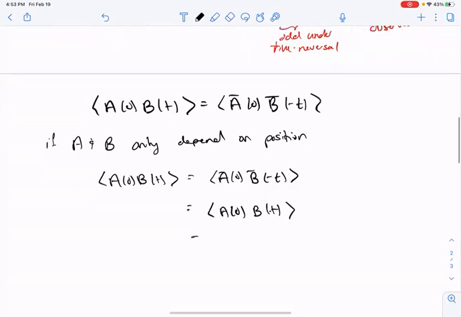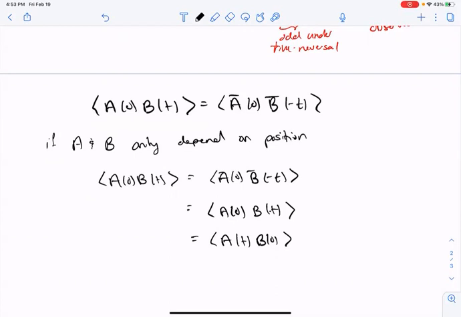I could add t to both due to stationarity, and I would get A at t, B at 0, which also then must be an even function in time.